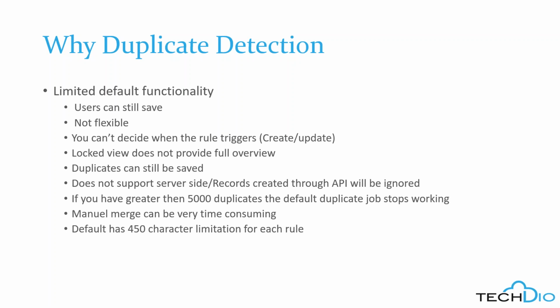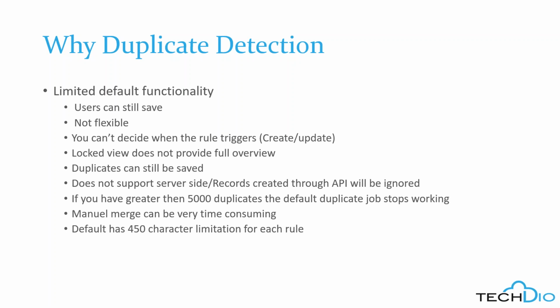If we look into the existing limitations of the default duplicate detection rule, as you probably know, once the user is creating a duplicate, you can prompt them with a notification that they are creating a duplicate.